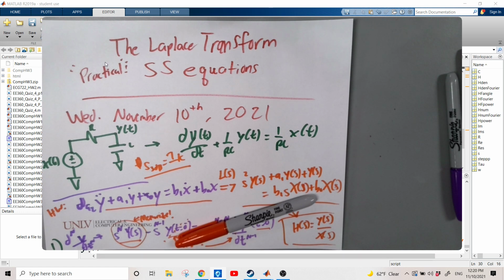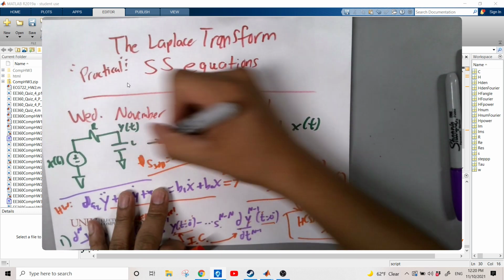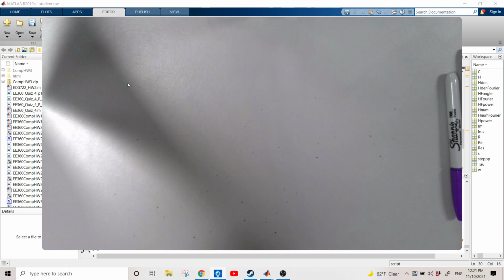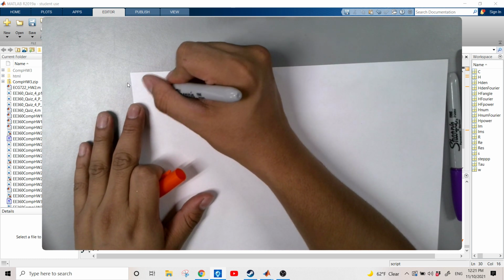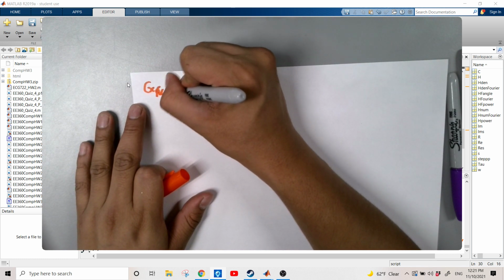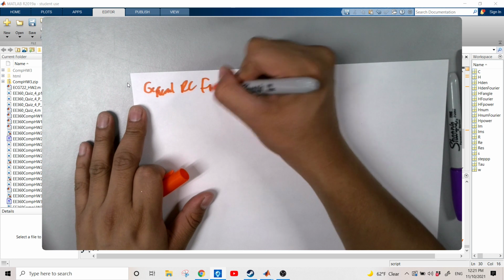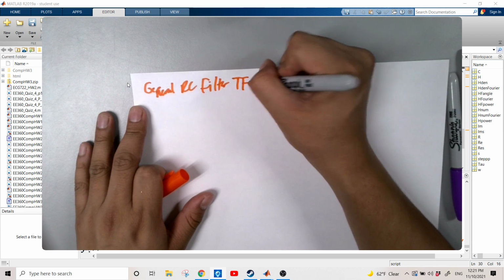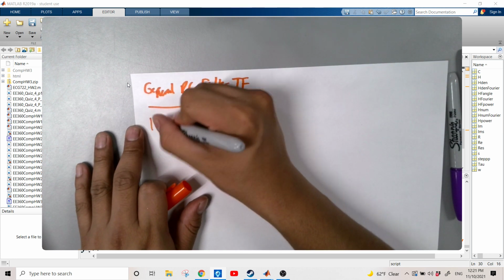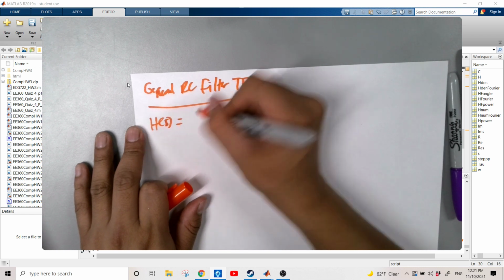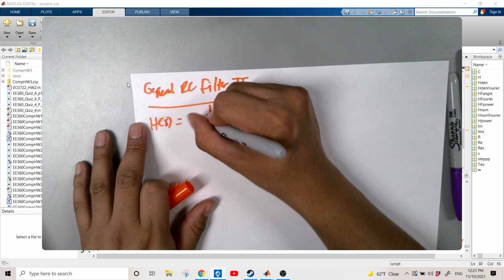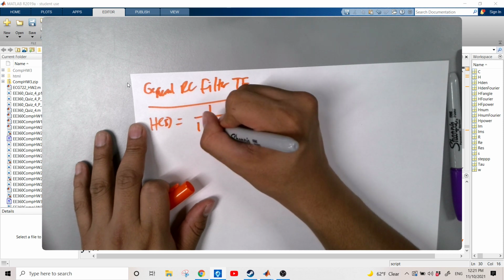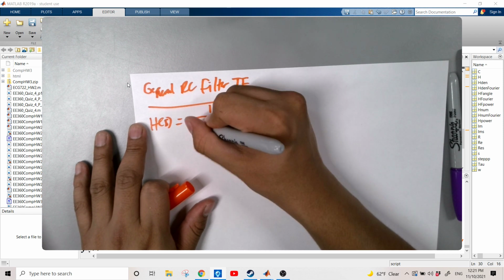Let me see, actually. Okay, I'll give you the formal one. This is messy. Next page. Drawing that same circuit, the RC filter. RC filter transfer function: H(s) is equal to, some people know it as 1 over 1 plus sRC, right? Remember that?